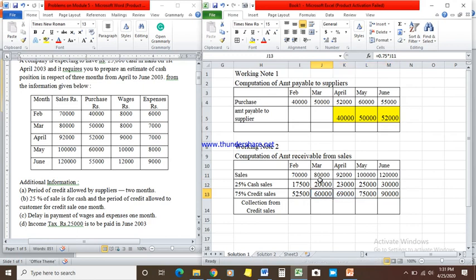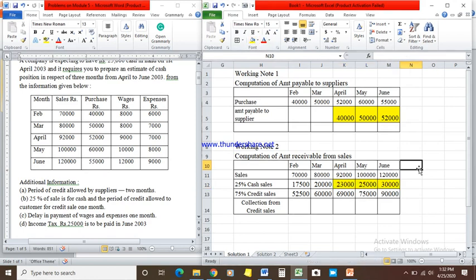So accordingly, 75% of this, 25% of 80,000, 25% of 92,000, 75% of 92,000. Like this we have calculated. Now, since our budget period is April, May and June, on account of cash sales, we are going to collect this amount in the same period.